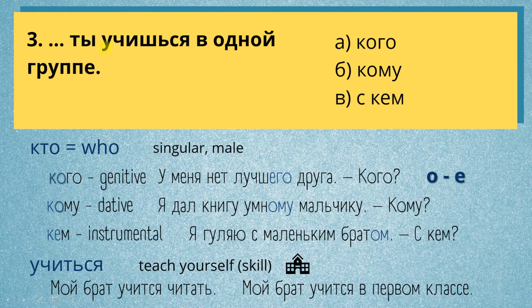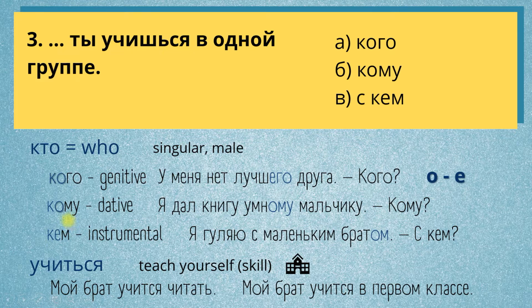If you go back, ты учишься в одной группе. Yes, учиться, and it's about the place. And we check. Do I give something to anybody? Nope, no giving things. I already do something. Yeah, ты. Do it yourself. Ты учишься. You learn, you study.